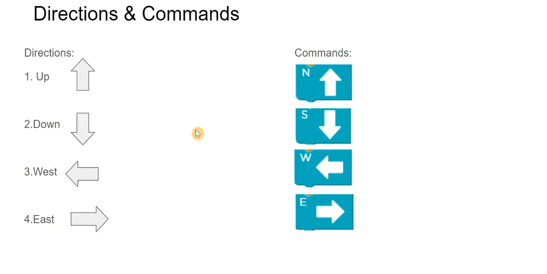Similarly, down means south, and likewise for west and east. Left is for west and right is for east. So if they want to move the arrow towards the west, the left side, they have to use the west command, and similarly towards the right side they have to use the east command.